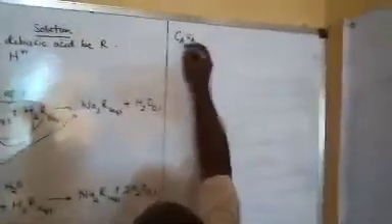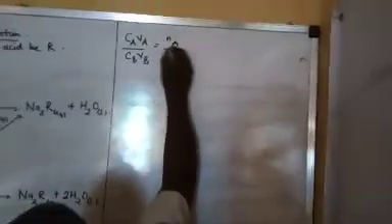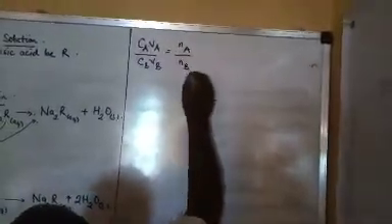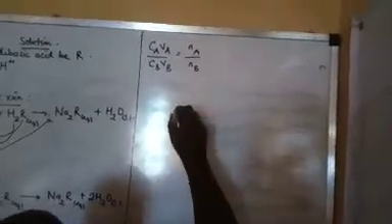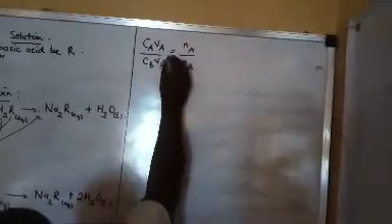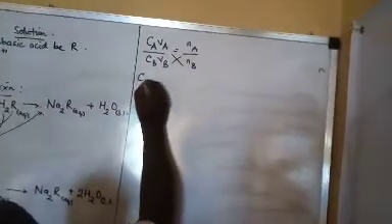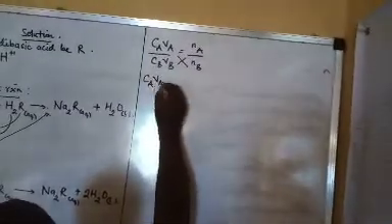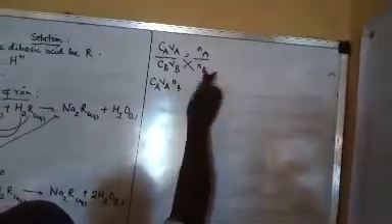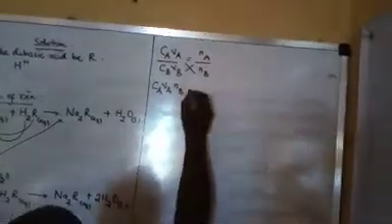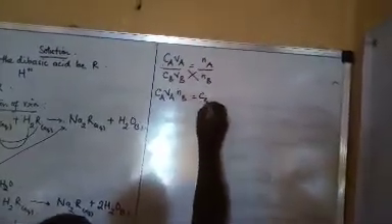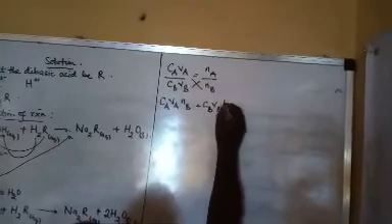We have CAVA over CBVB is equal to mole ratio of acid over mole ratio of base. Are we there? So from here, if I cross multiply here, I have CAVA NB, that is this multiplied by this multiplied by that, gives me CBVB NA.